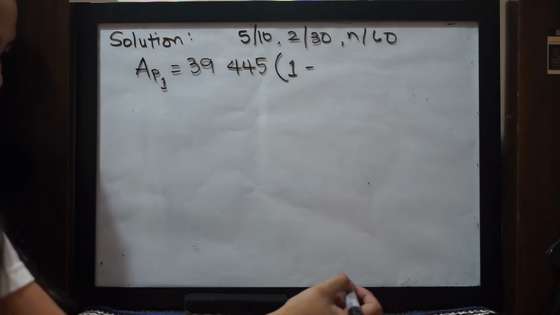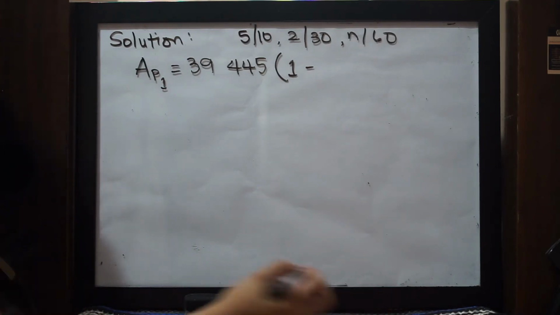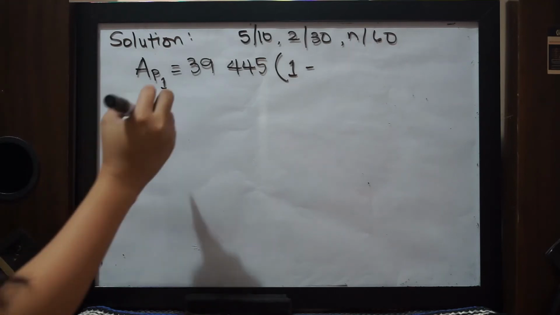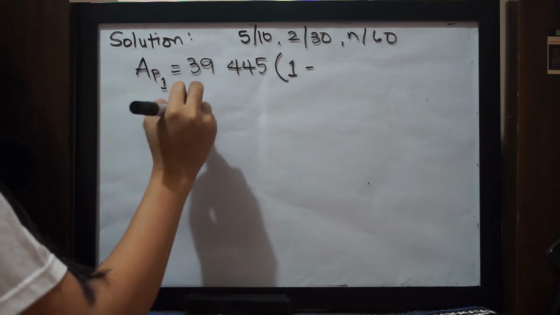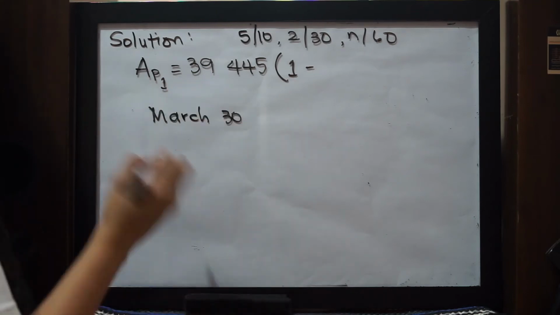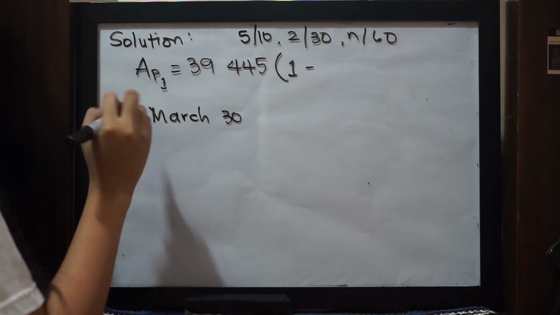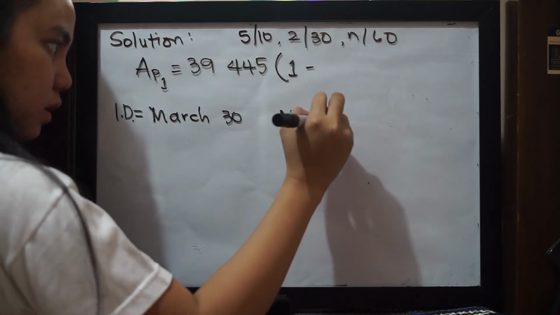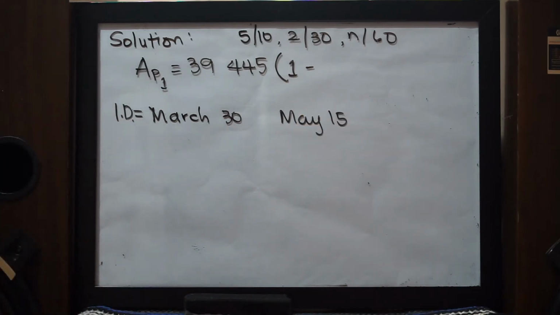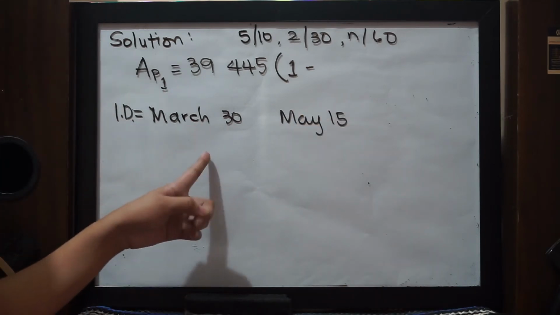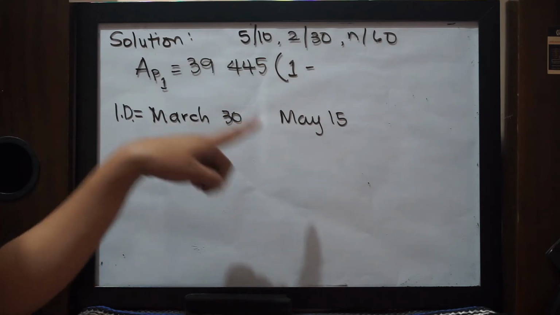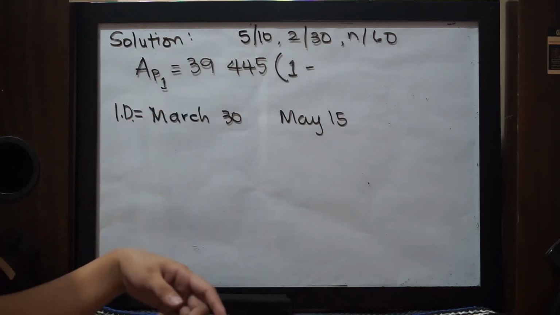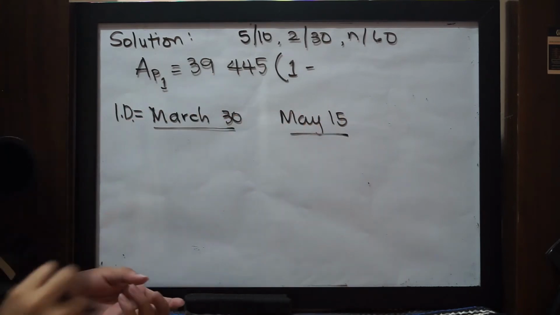If invoice number 1 is dated on March 30, invoice date, and this will be paid on May 15. Again, we have to look for the number of days from March 30 to May 15 so that we can identify what discount is applicable for this type of scenario.